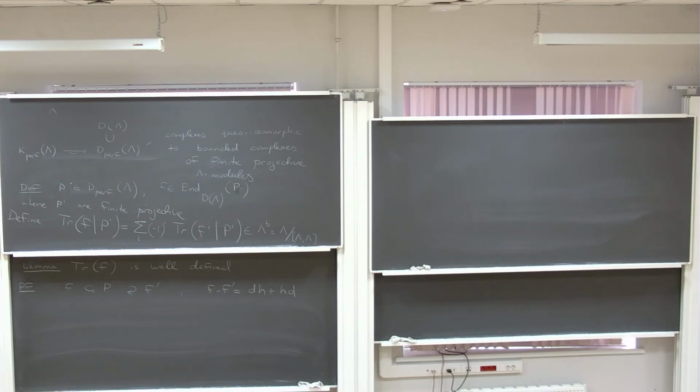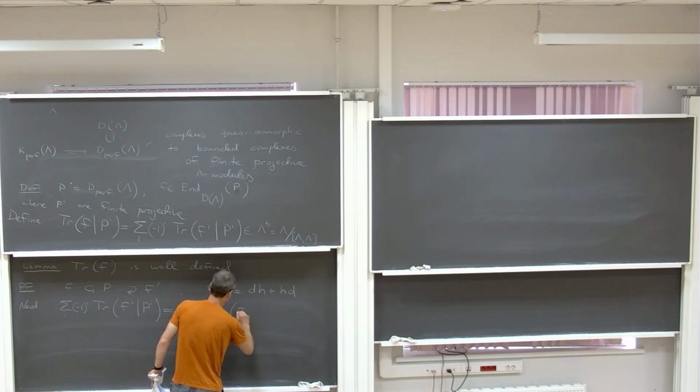So we need to check that the trace, the sum of (-1)^i times traces of F_i on P_i, is the same as the same sum for F prime_i on P_i.